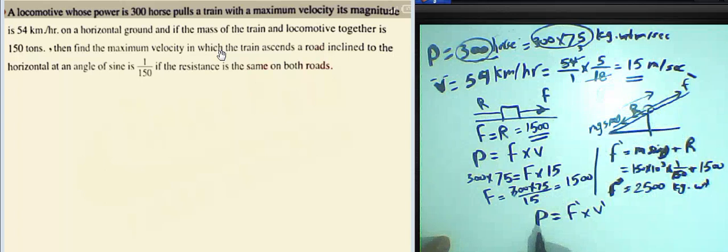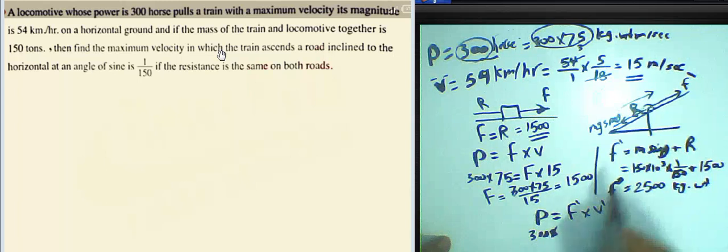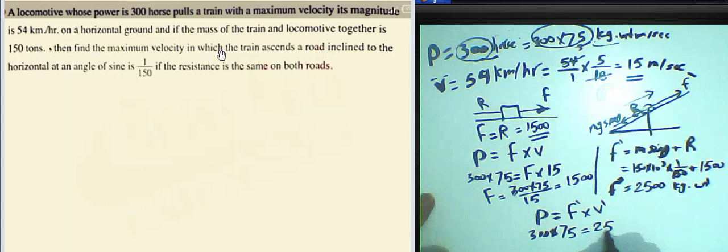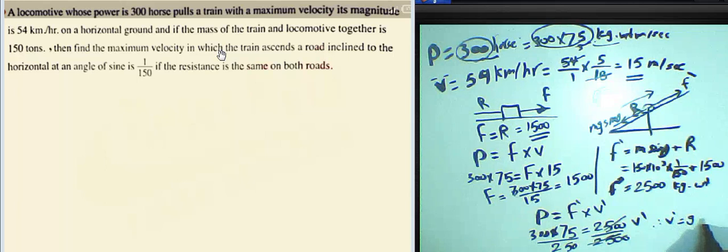Then you can write the power 300 multiplied by 75 equals F dash, which is 2500, multiplied by V dash. Then you can divide by 2500 to get V dash. The result will be 9 meter per second.